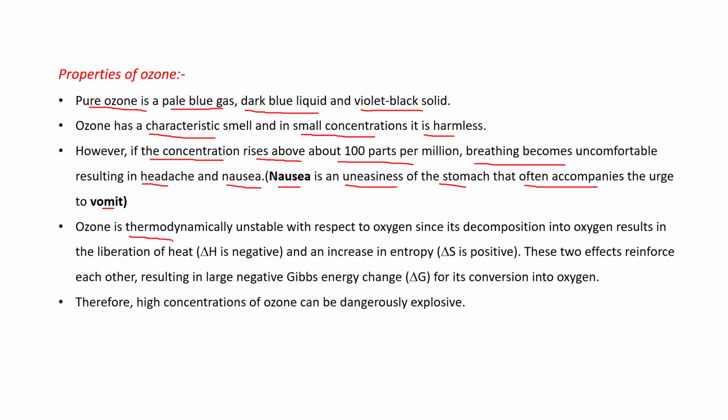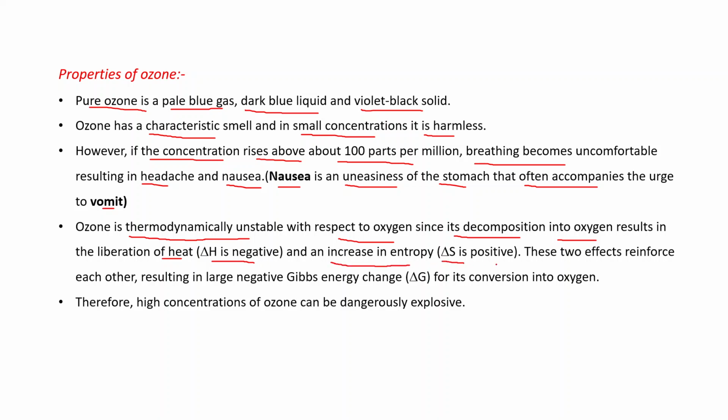Ozone is thermodynamically unstable. We already discussed this. Why is this thermodynamically unstable with respect to oxygen? Since its decomposition into oxygen results in liberation of heat, that is, delta H is negative. Decomposition of ozone to oxygen is an exothermic process. At the same time, this occurs with an increase in entropy, that is, delta S is positive.